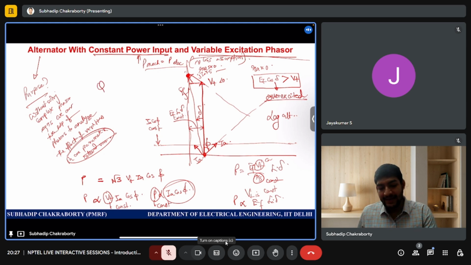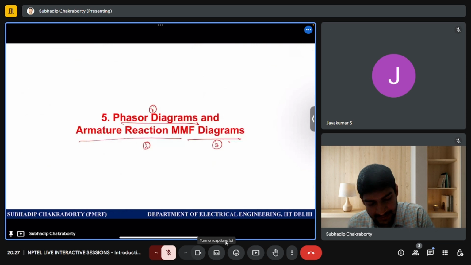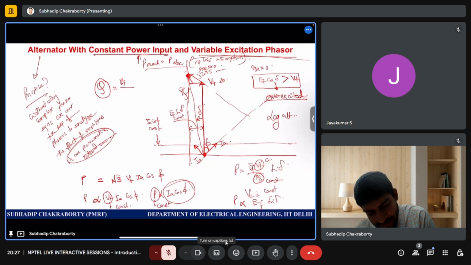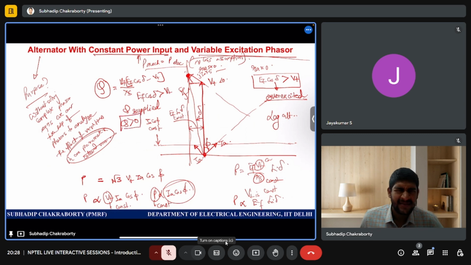Because if you go back and look at the formula of active power, EF VT by XS sine delta, and reactive power, VT by XS times EF cos delta minus VT. So you see, EF cos delta greater than VT means Q is supplied. Because Q being positive means Q is supplied, right? By the machine to the load.